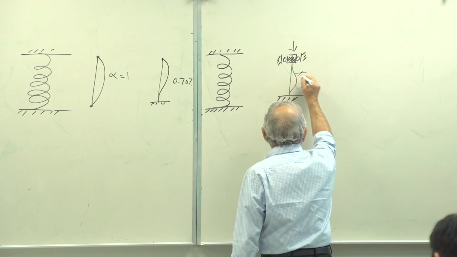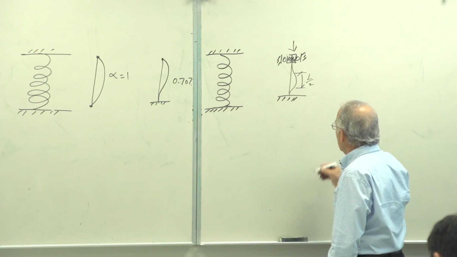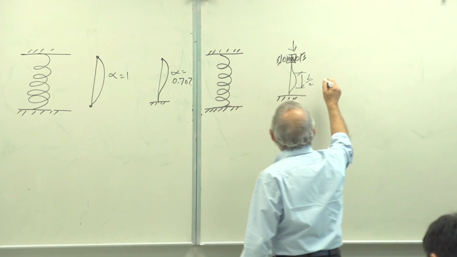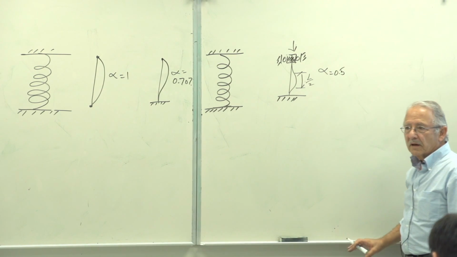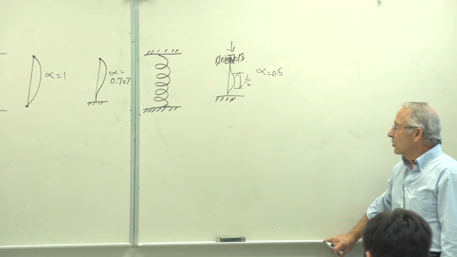That's the effective length, L over 2. So this is alpha equal to 0.5. The effective length is half of the total length.